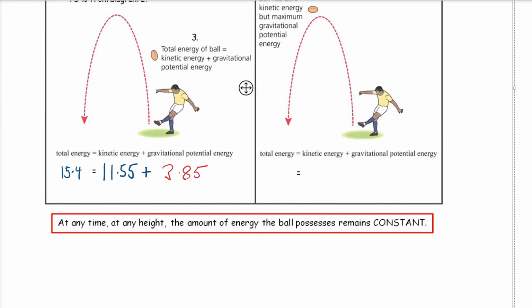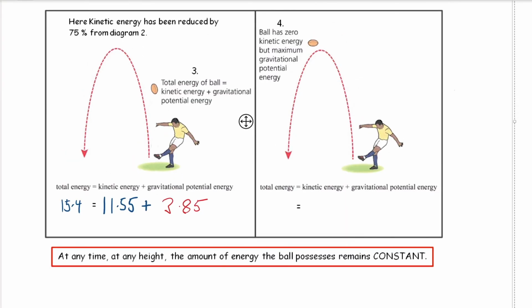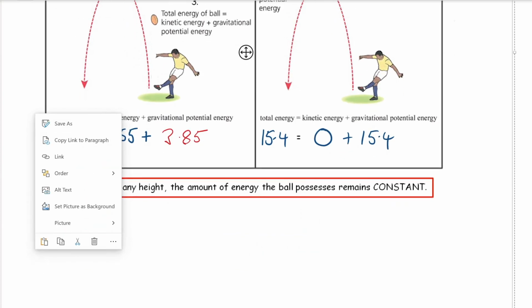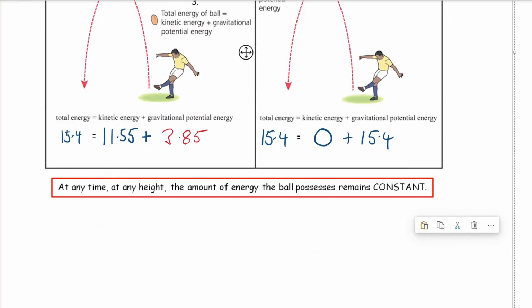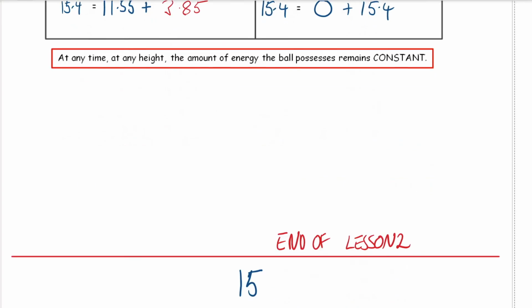Okay. Now when it's at the top, it's got zero kinetic energy. So zero kinetic energy, 15.4 is the total energy, and you've got 15.4 there. At any time, the amount of energy the ball possesses remains constant.